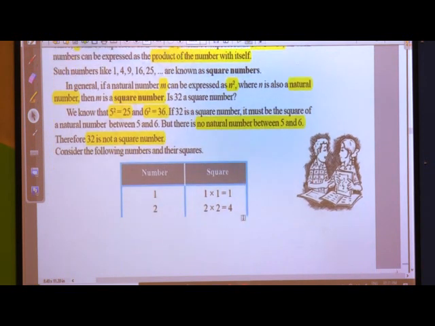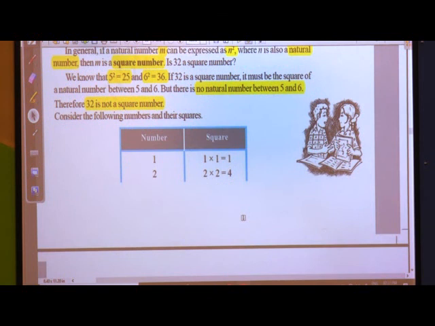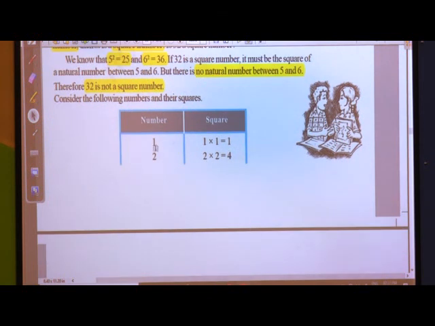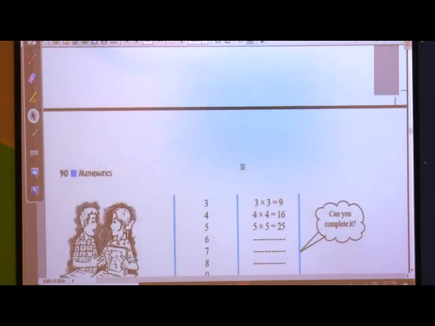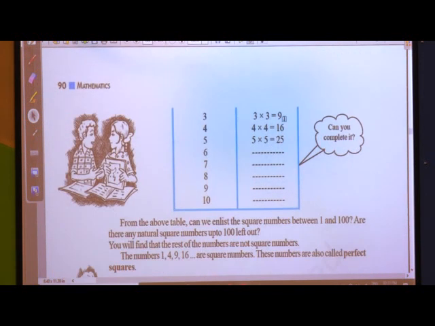Consider the following numbers and their squares. 1 square is 1, 2 square is 4, 3 square is 9, 4 square is 16, 5 square is 25, and they are asking, can you complete this?